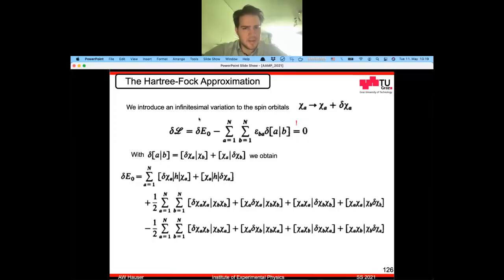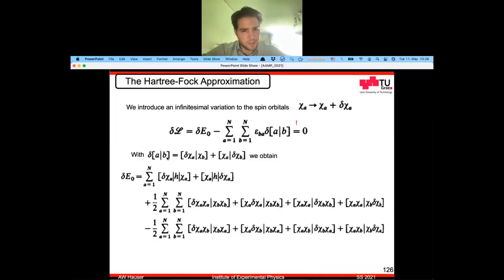First, let's evaluate this variation of the energy. We just looked at the energy expression when evaluating the Hamiltonian from left and right for a single determinant. This is now varied.